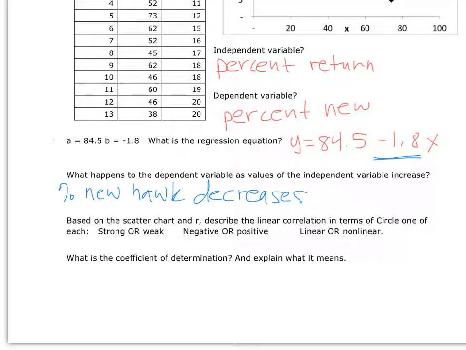So based on that scatter chart and R, we want to describe the linear correlation in terms of each of these things: strong or weak, negative or positive, linear or nonlinear. Well, from the scatter plot, it definitely looks like it's linear. And because the slope is negative, and what we see in the scatter plot, we can say that it's a negative correlation. I have to give you R to be able to answer that question.